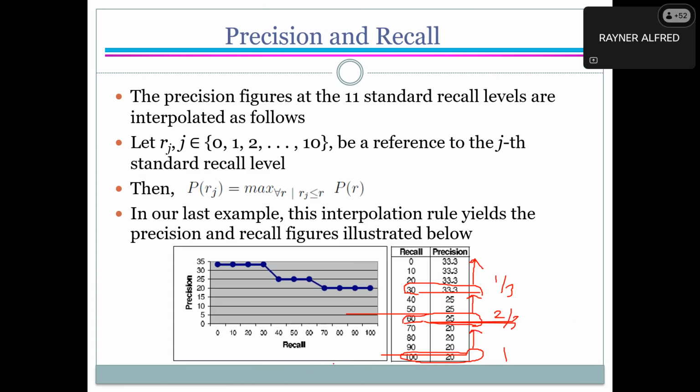Okay. So just now we have what? The recall is 33%, 1/3. And then 66, which is here. And then next one is 100. So we mark here and then we copy. We mark here and copy.